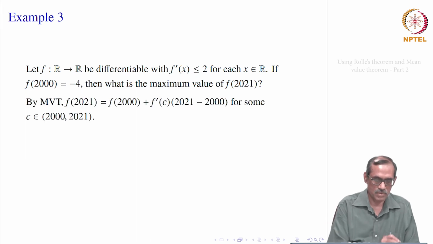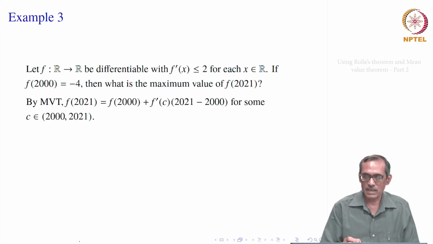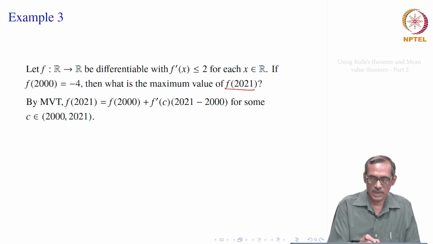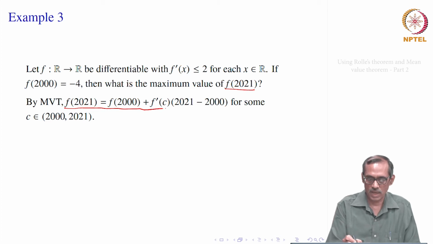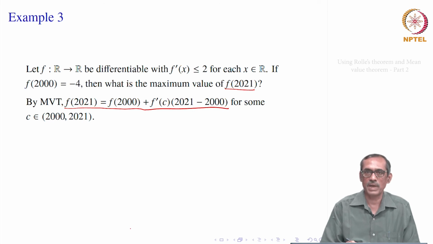Okay. So, how do we proceed? We apply again the mean value theorem, because we want f at 2021. So, f at 2021 is equal to f at 2000 plus (2021 minus 2000) multiplied by f prime evaluated at some point c between 2000 and 2021.